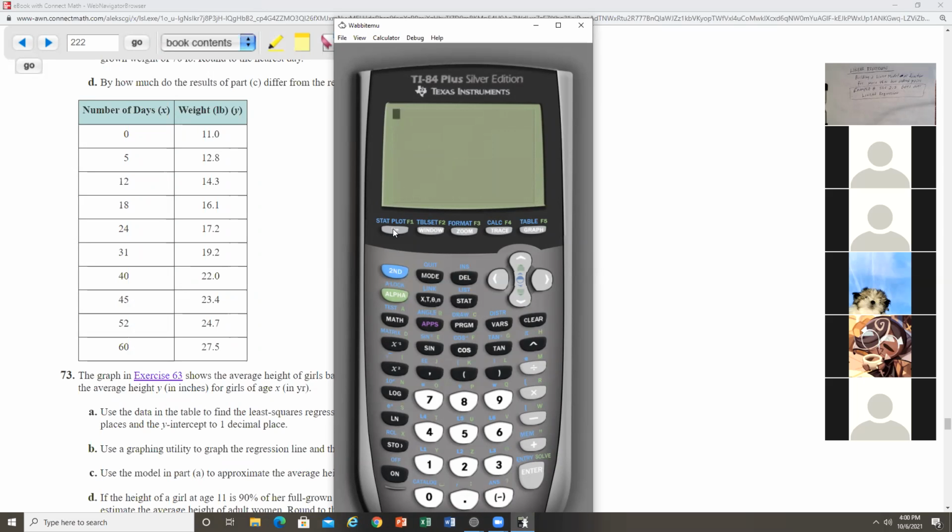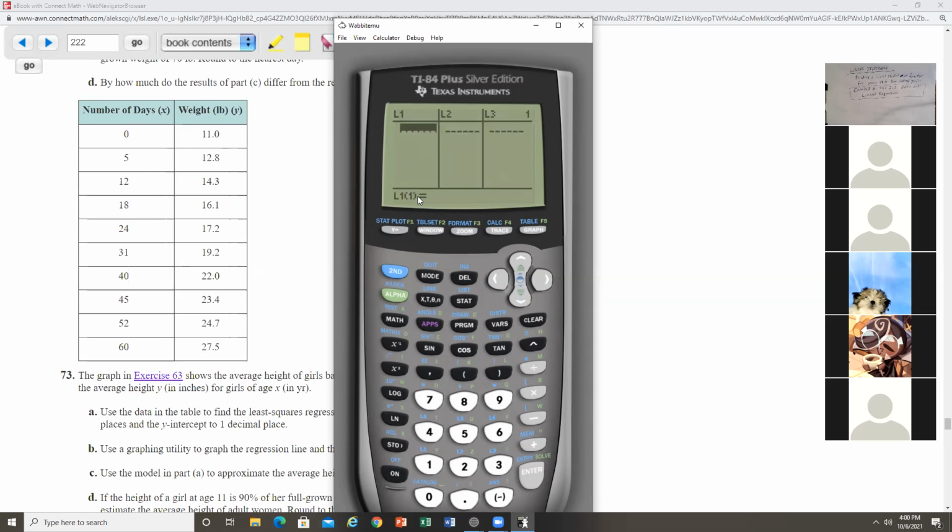Go to y equals first and clear out any garbage in your equation editor. Make sure you don't have any equations to the right of any equal sign in y equals. Clear this field out. Now I want you to hit your stat button. Stat, edit. Notice my cursor is sitting on edit. So we hit enter to dive into the editing mode of our stat feature.